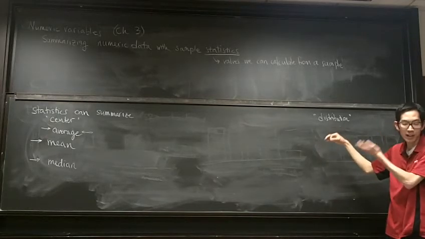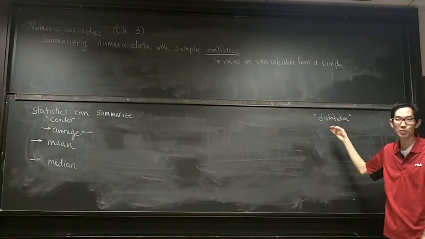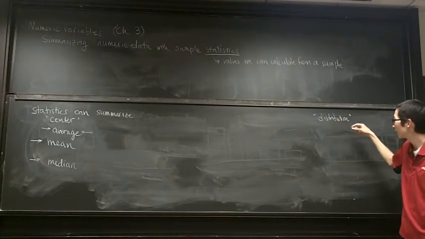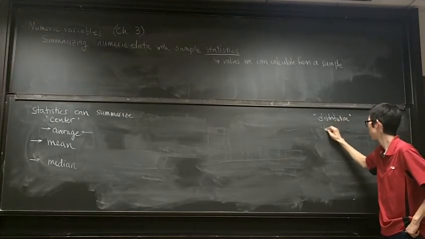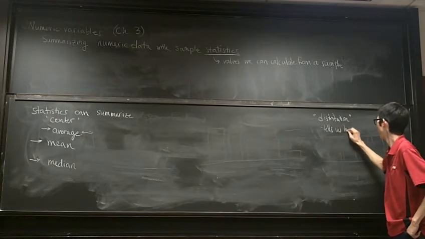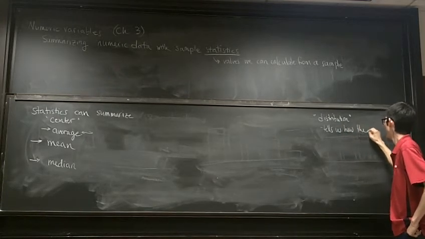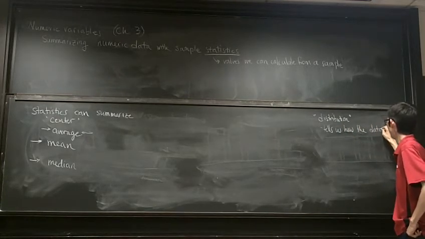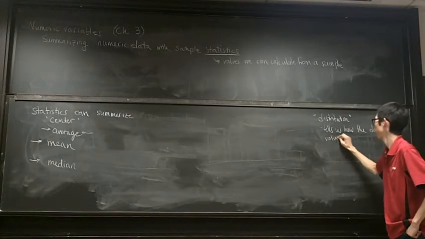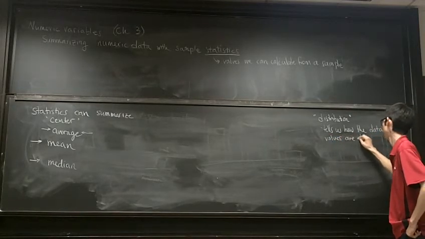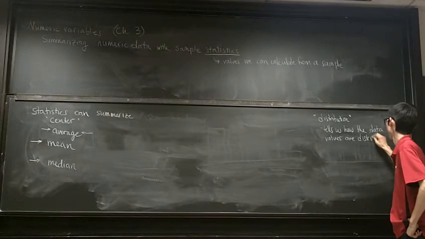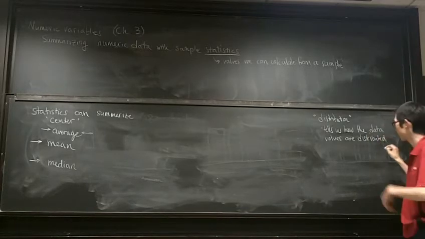It gives you an idea of how those numbers are distributed. Okay? So it tells us how the data values are distributed.